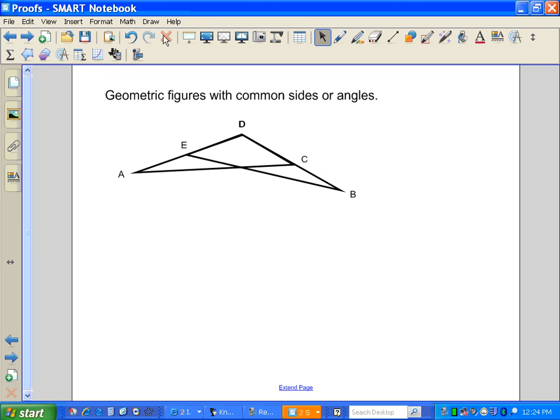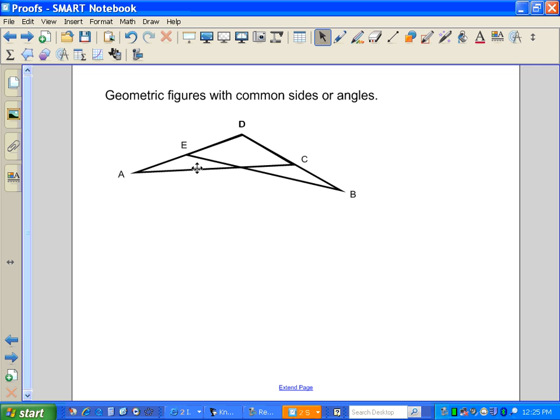All right, so sometimes when we're doing these proofs with geometric shapes, we take advantage of the fact that within one large figure there might be a couple of figures, and those figures have some pieces in common, some sort of common side or an angle. As we look at this figure, we've got a triangle ADC and a triangle BDE. We want to know what they have in common, what's the common side or the common angle.